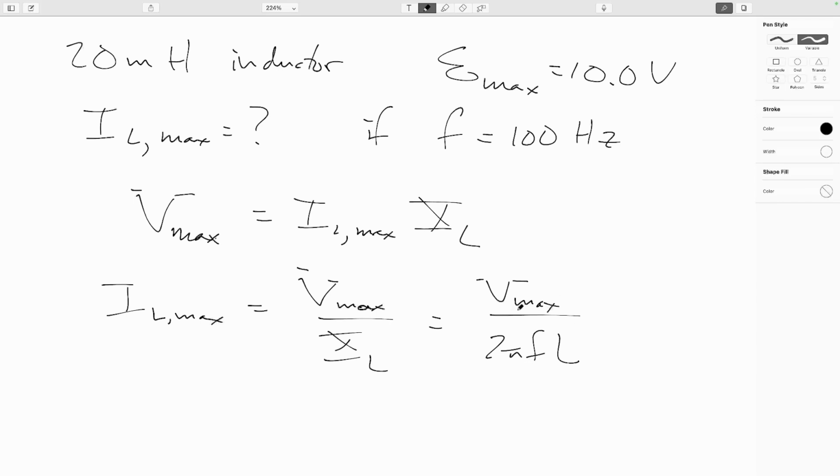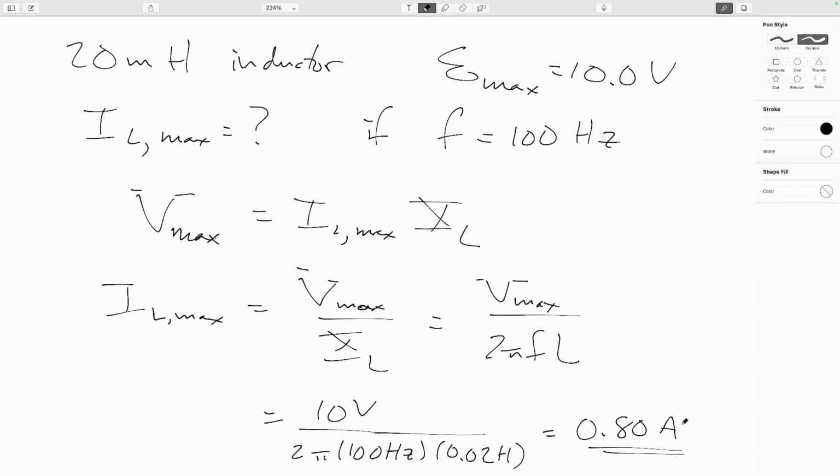If you take a number and just hit divided by 2 pi, what you do is divide by 2 and then multiply by pi. So you're going to have to put all of these numbers in parentheses after the division sign to get it to work out right. So this will be 10 volts over 2 pi times 100 hertz times 0.02 henries, taking millihenries to henries, to get 0.8 amps max current.